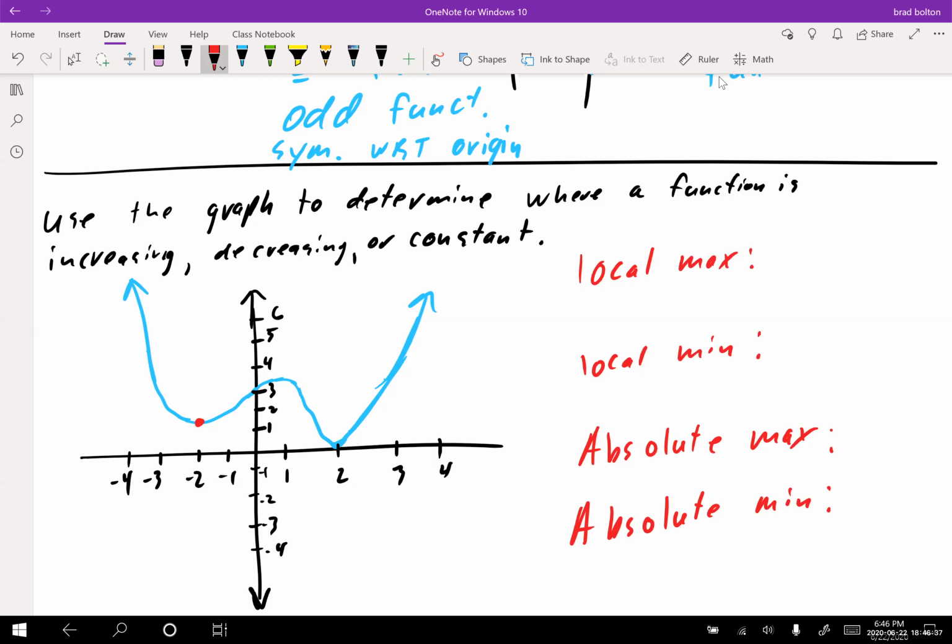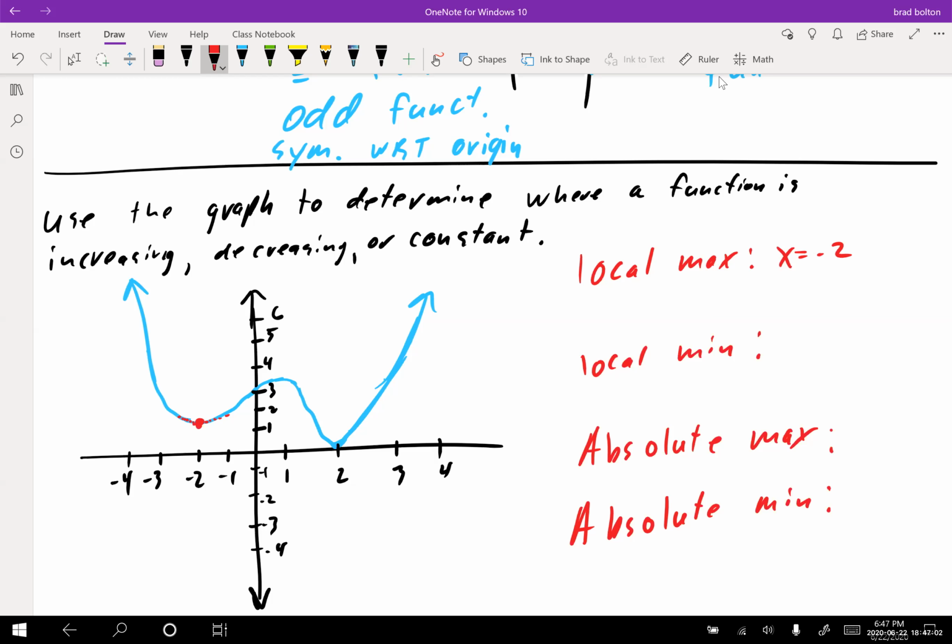So right here, are all the values in this neighborhood lower or higher than when you plug in x equals -2? Well, all the points to the left and to the right of it are always going to be a little bit higher than whatever that height is. So I'm going to say I have a local max at x equals -2.